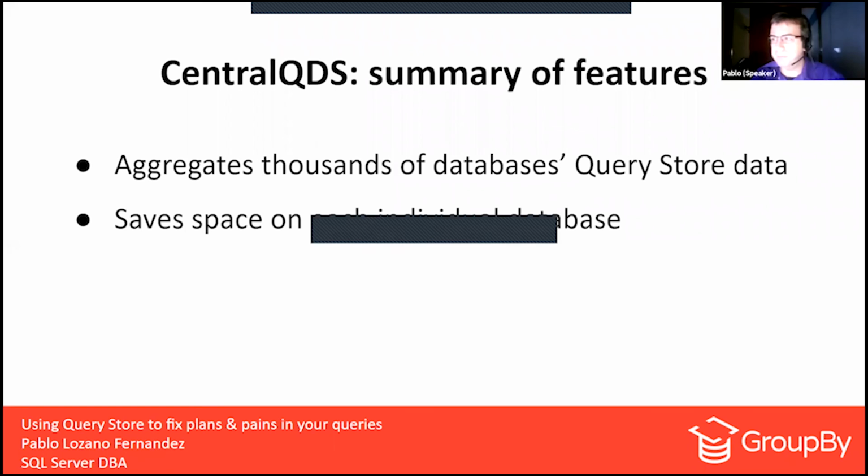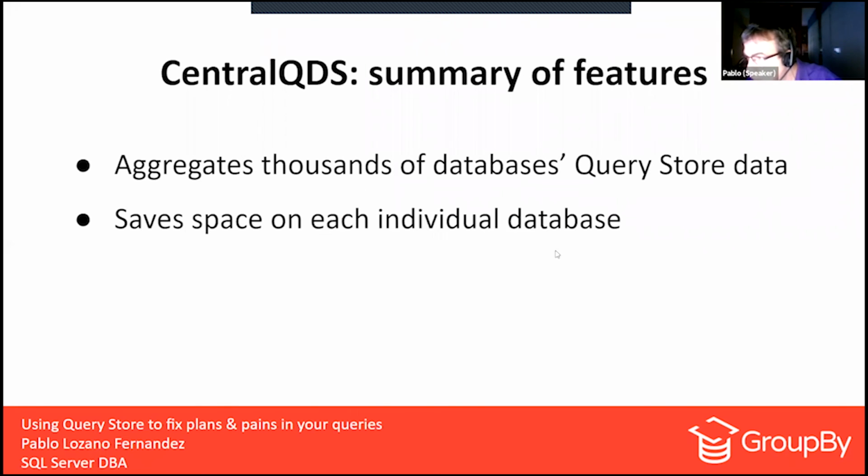This way you don't really need to have a year's worth of data in each of the databases. Since we implemented this, we only have 30 days' worth of data on each database, and then we have, I think, between 1 and 2 years of data in Central QDS.